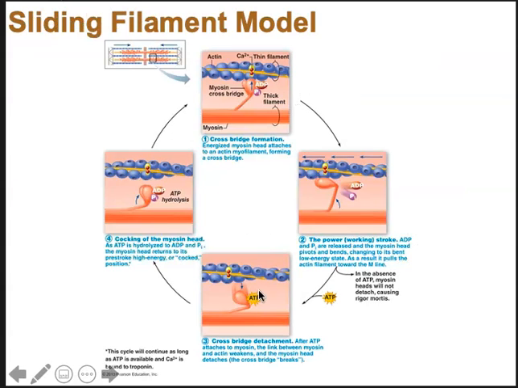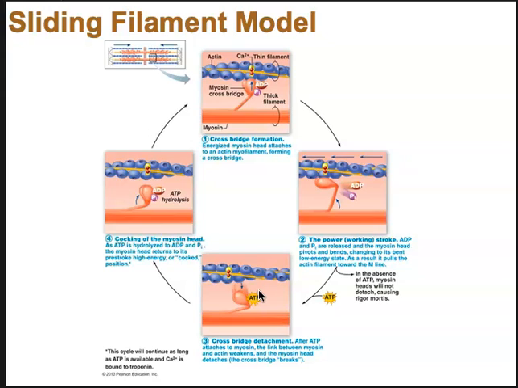Now, let's go to the sliding filament model. This is a figure that you can go along with. 12.9 is similar, not exactly like this, but very similar. You basically have an illustration that shows you what can happen when calcium has been released.